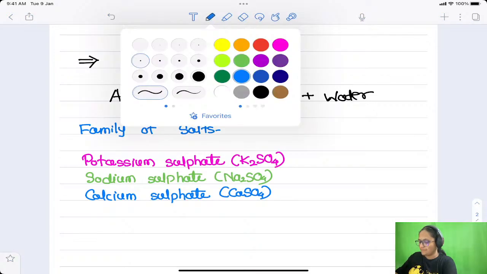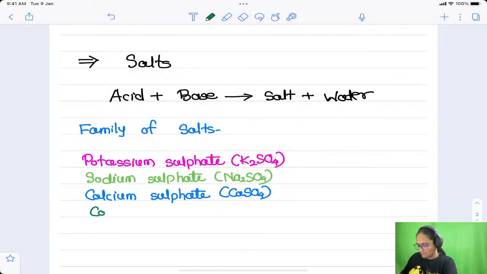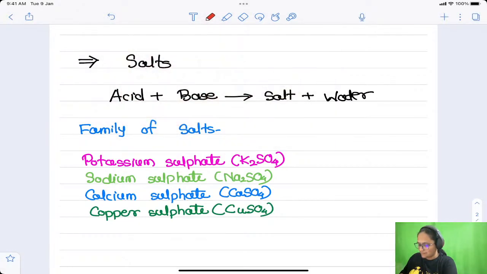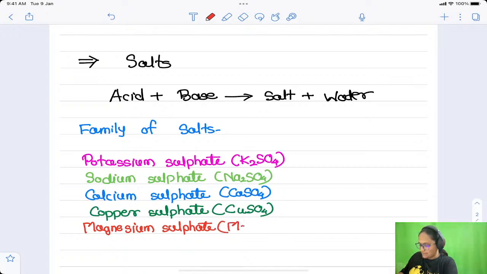Then copper sulfate, formula CuSO4. Then magnesium sulfate, and many more examples you can add here: magnesium sulfate, aluminum sulfate, etc. The formula for magnesium sulfate is MgSO4.